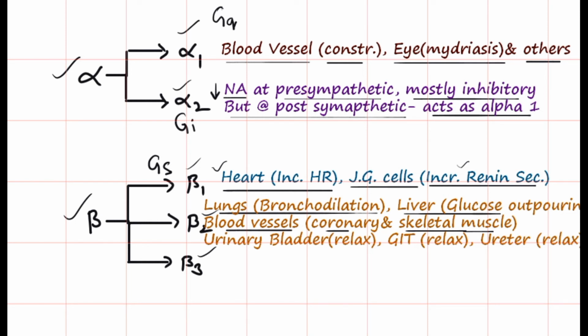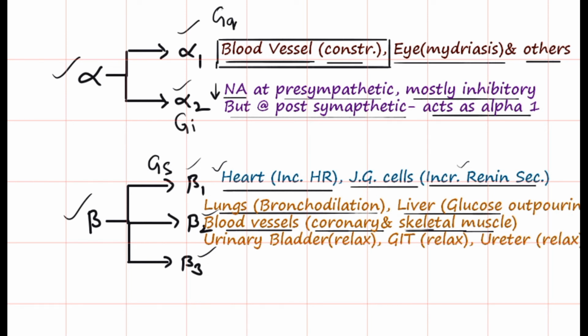And the alpha 1 receptor, as you can see over here, is present on the blood vessels in general, whereas the specific coronary and skeletal muscle blood vessels are innervated with the beta 2 receptor.